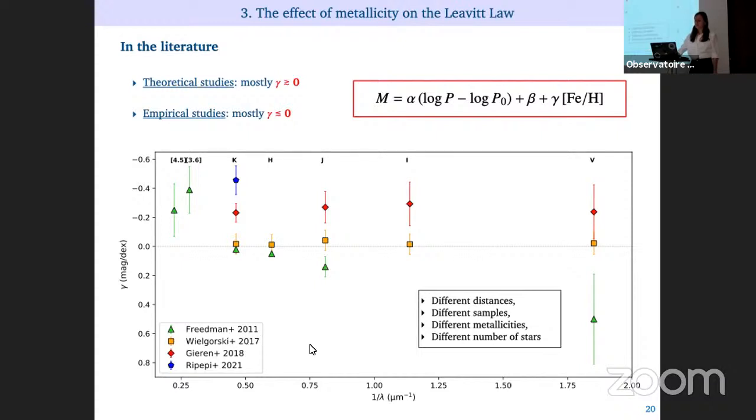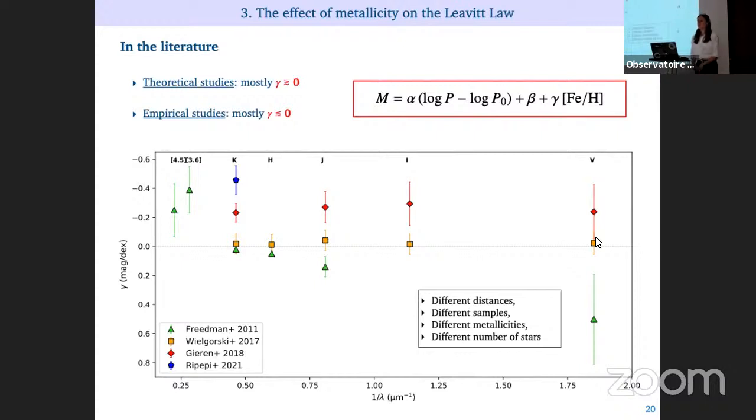In orange is the estimate from Wielgórski. They performed a differential analysis between the LMC and SMC PL relation and obtained an effect close to 0, but still on the negative side. In red is the value from Groenewegen.